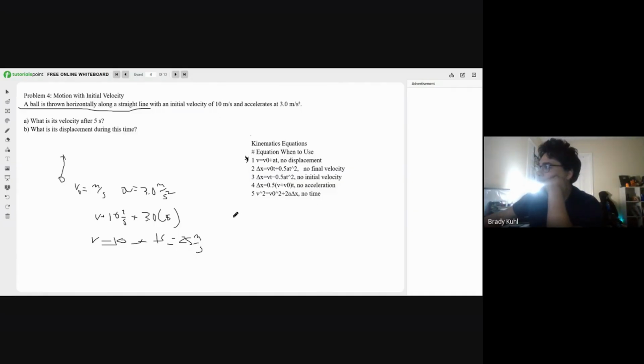So we can also use this one to find a distance easily. So we got delta x equals 10 times 5 plus 0.5 times 3 times 5 squared.